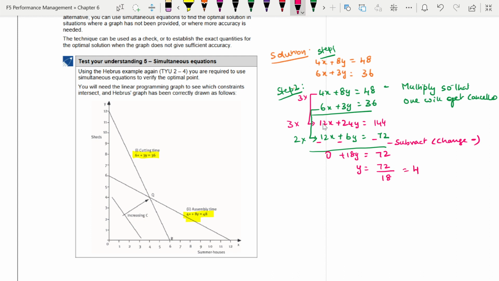This is the value of y. Are you clear? Now you substitute the value of y.